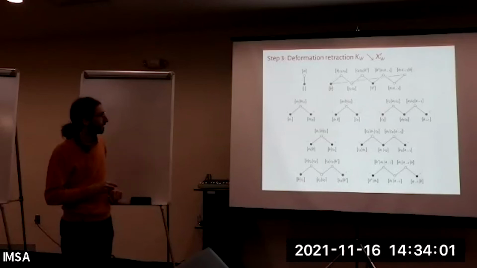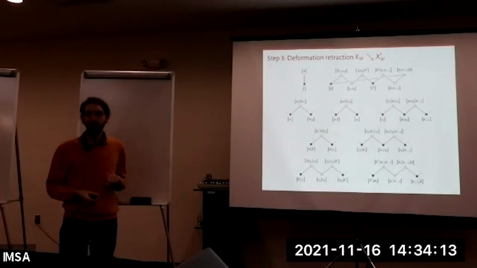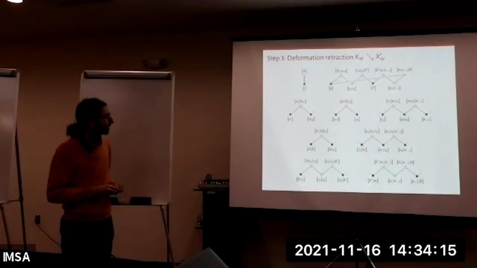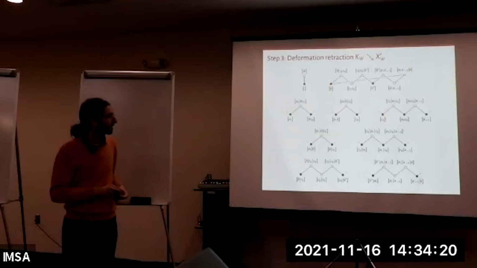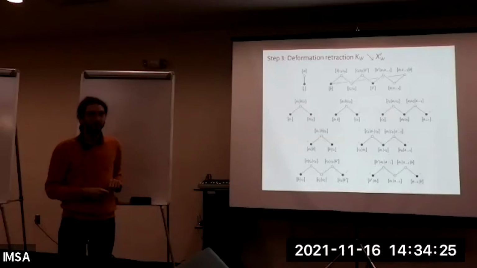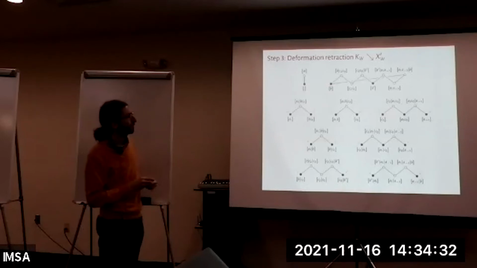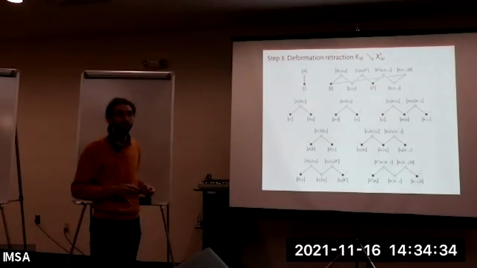There are 9 components, 7 of which are infinite and 2 of which are finite. These are all simplices of KW, and these components are designed in such a way that all these small Hasse diagrams look bipartite, and the black dots, the full dots, correspond to the simplices in our subcomplex XW prime.